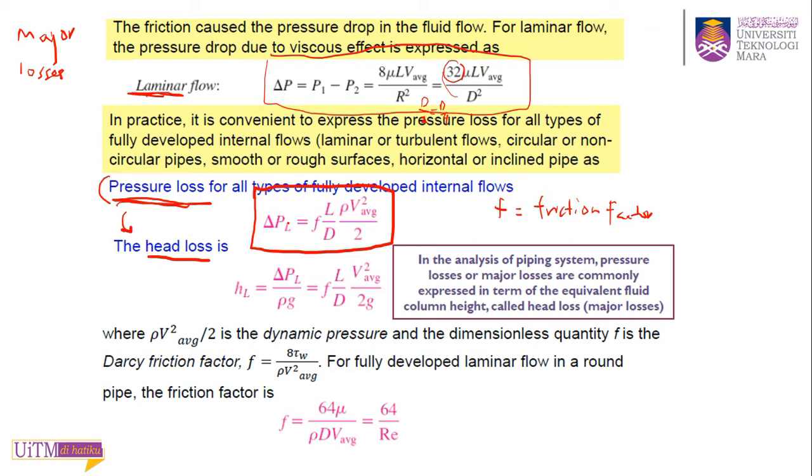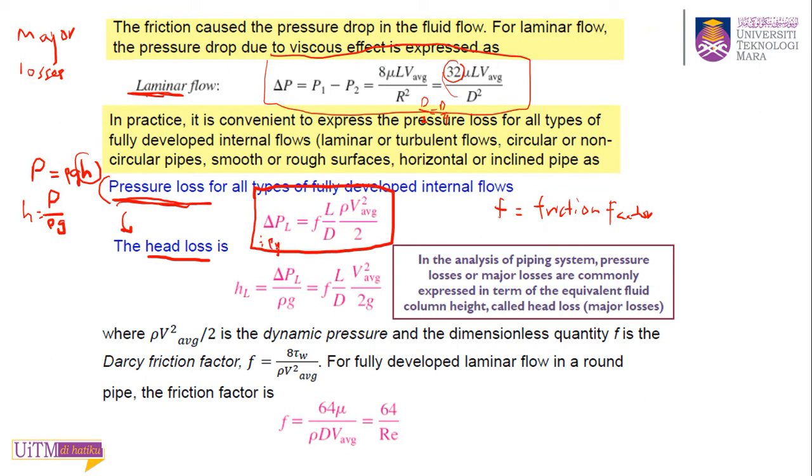We know the pressure equals rho g h, so the head loss, this is the general equation, will equal the pressure over rho g, so this is H. So if we divide the pressure loss by rho g.